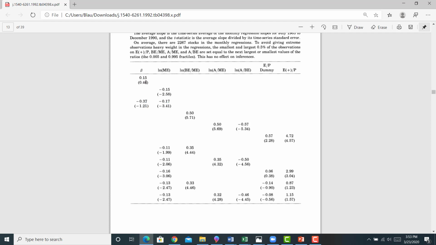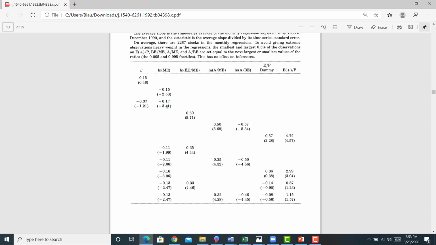These are T statistics in parentheses, and if they're not 2 in absolute value or above, then these coefficients are effectively 0. Something else here that I think is interesting. Look, small cap stocks, right? If you take the natural log of market cap, that is a negative predictor of future returns for the stock, suggesting that small cap stocks typically outperform large cap stocks. Okay.